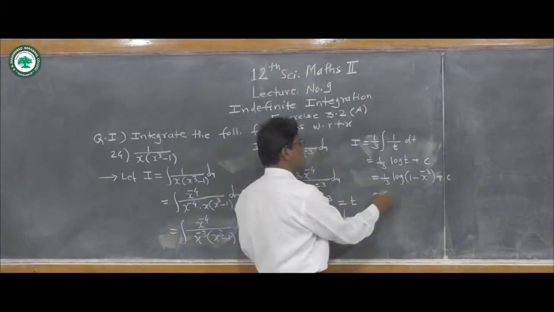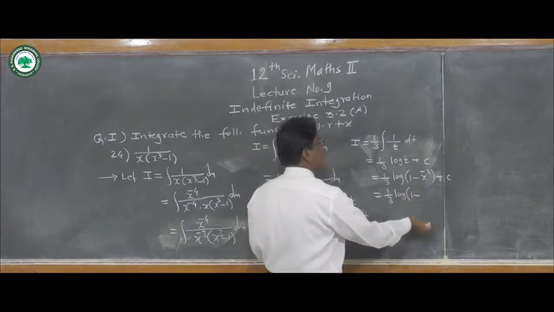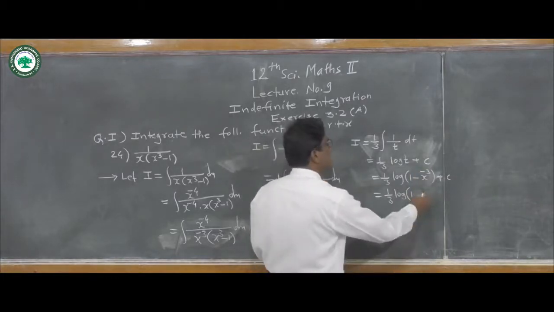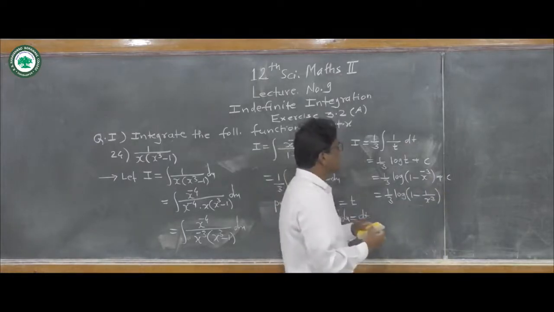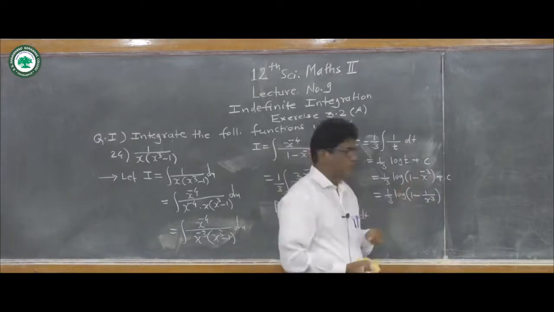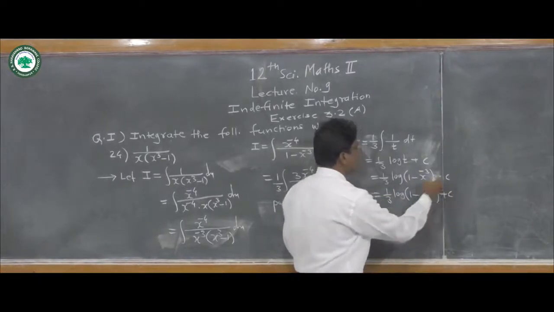So it is equal to 1 upon 3 log of 1 minus x to the power minus 3, we write 1 upon x to the power 3, we make it positive by shifting it to the denominator using the rule of indices, plus constant of integration.